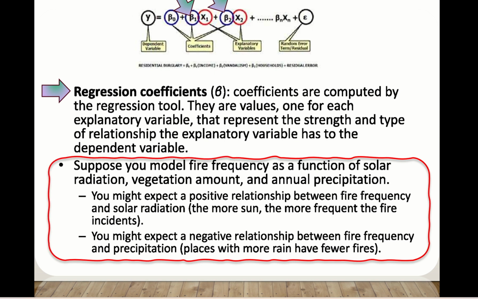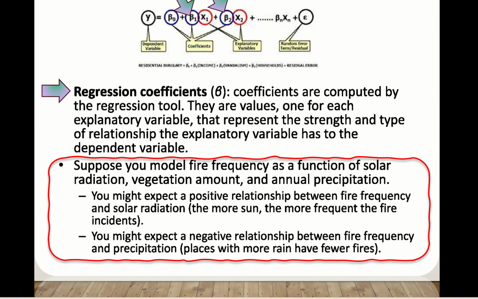So imagine instead of residential burglary, you're trying to build a regression model of fire frequency as a function of the independent variables of solar radiation, the amount of vegetation, and annual precipitation. The sign, whether it's positive or negative, of each of your coefficients tells you the nature of the relationship.